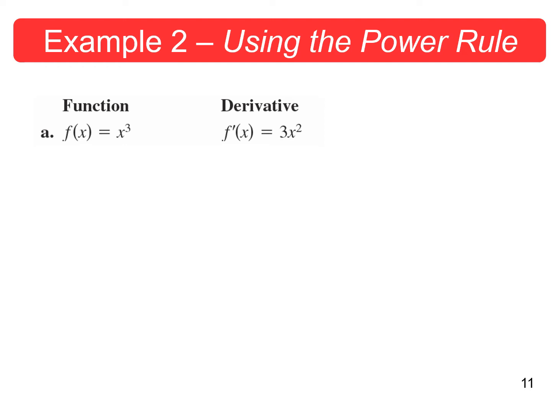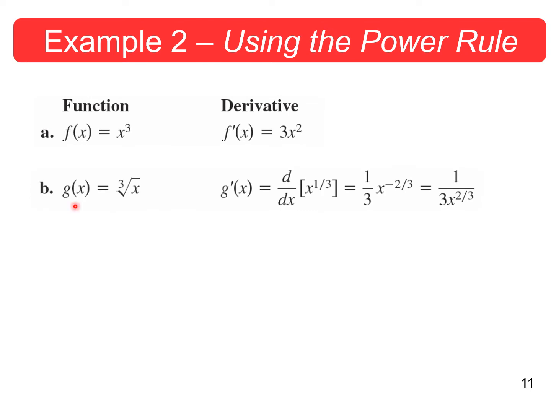First, let's differentiate f of x equal to x cubed. The derivative of x cubed with respect to x is equal to 3x squared. The power here will be copied, so you copy 3, and then you subtract 1 from the exponent, so that's how you get 2 here.